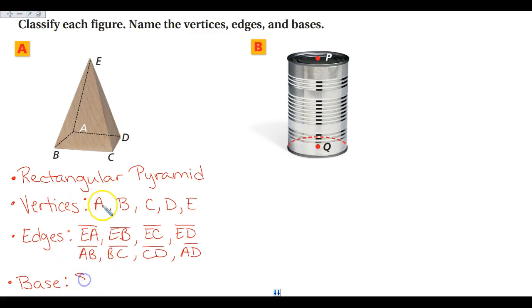And it's going to be rectangle ABCD. So classify the figure, name the vertices, edges, and the bases. Same thing over here. We're going to start by classifying the figure. Notice that I have 2 bases and their shapes are circles, so this is a cylinder. I want to name the vertices. Do I have any points?